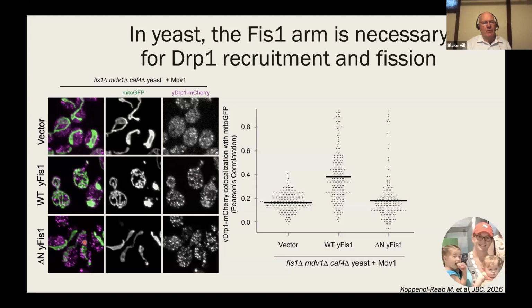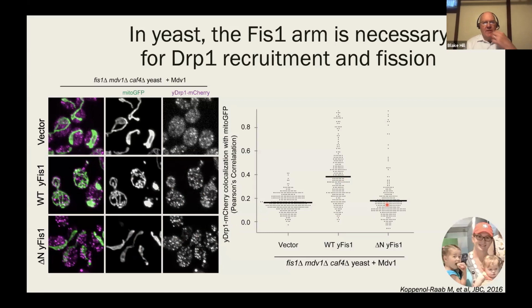And when you remove the N-terminal arm, the first 15 residues, you lose a lot of that recruitment to the mitochondria. You still see DRP1 punctate, and you lose mitochondrial morphology. A quantification is shown here in which expression of DRP1 co-localizes well with mitochondria, and then upon removal of the arm, you lose that localization.